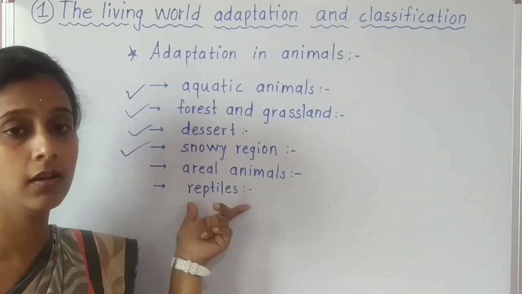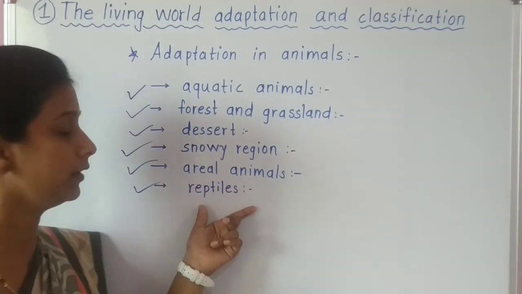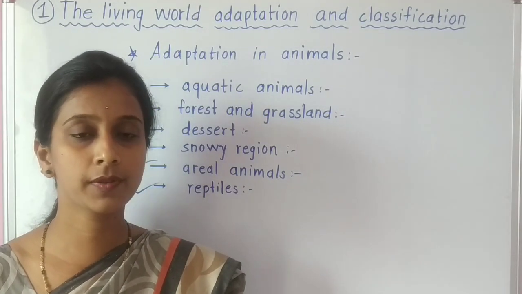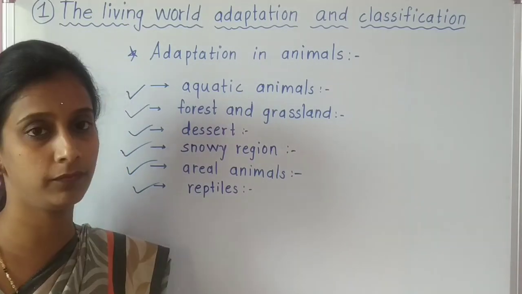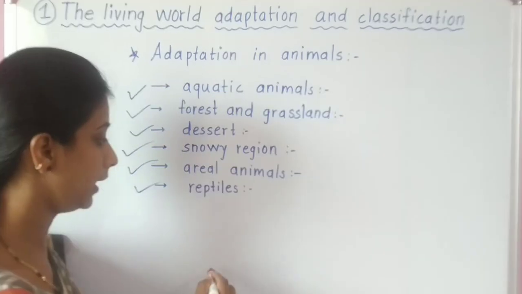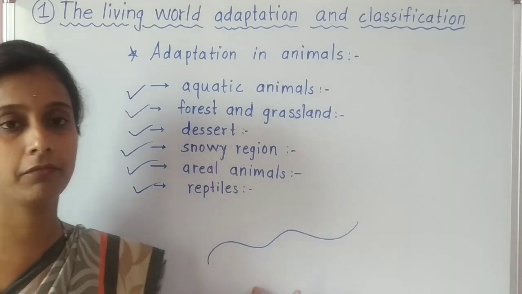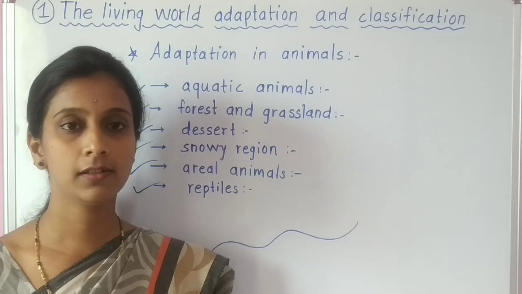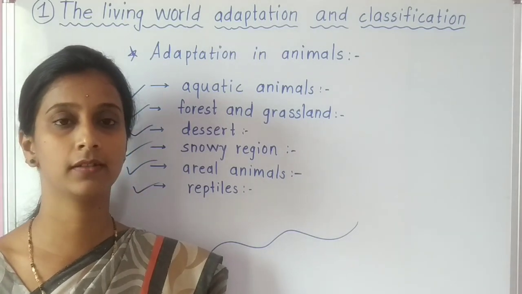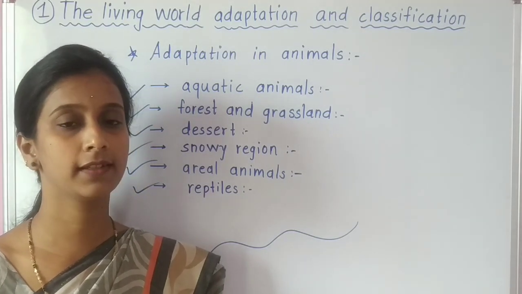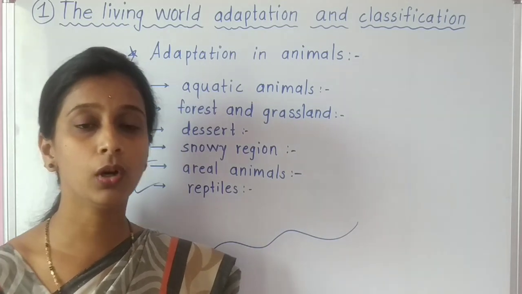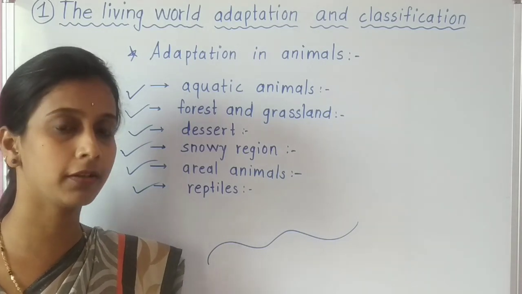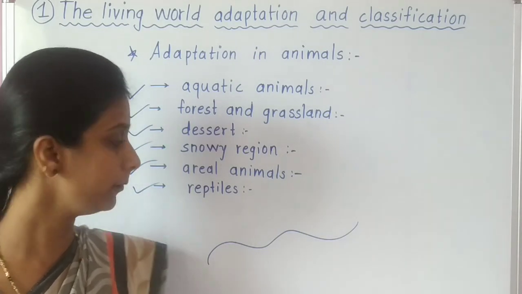Now come to the next, reptiles. So what are reptiles? The animals which creep or crawl on the floor or on the surface are called reptiles. For example, lizards, turtles, crocodiles, salamanders, and the well-known example, the snake. All these animals can creep on surfaces.